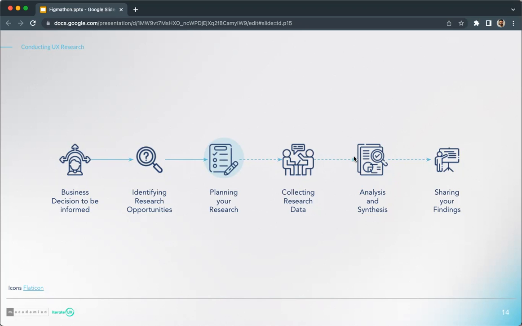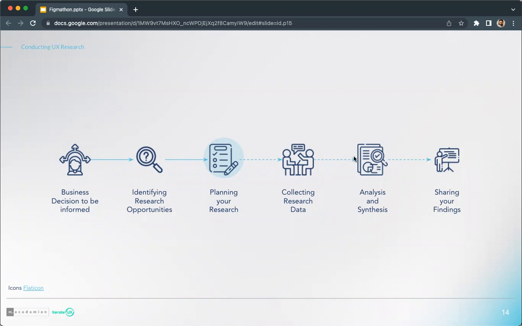So what are the research questions? How is research going to gather that data? So what methods is research going to use? How much time is the research going to take? Who are the users you're going to be doing the research with? What does the timeline look like? And what are some of the final deliverables that you would create based on the research? So that's something you decide and think about in the planning phase.